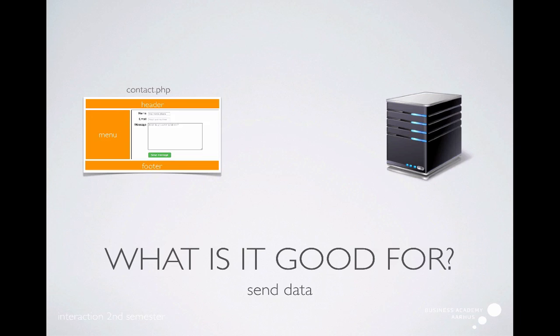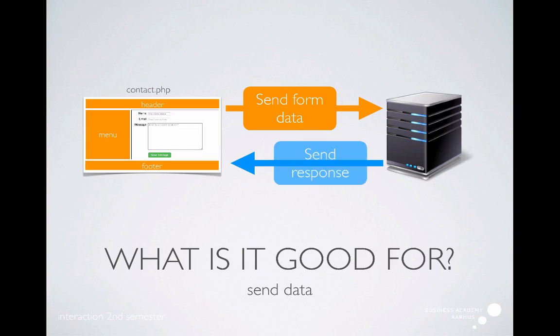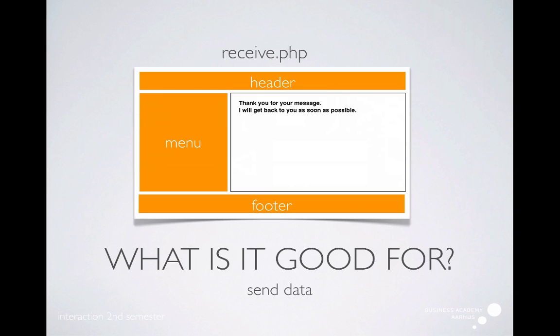So when the user clicks the send button, it sends the form data to the server. The server will then create an email and send it right away, and then send back some response to the user. It could be a response like this: "Thank you for your message. I will get back to you as soon as possible."